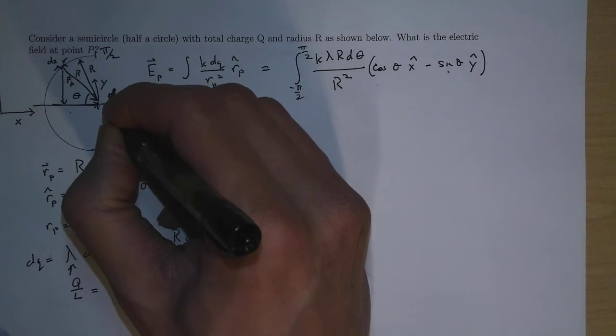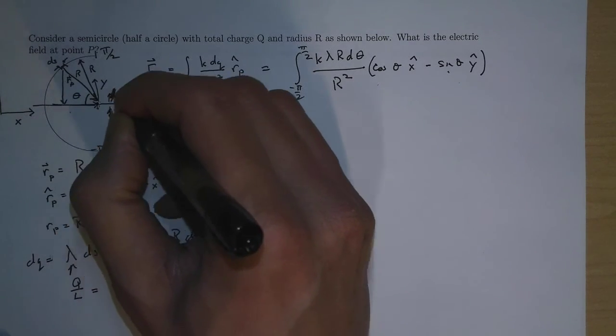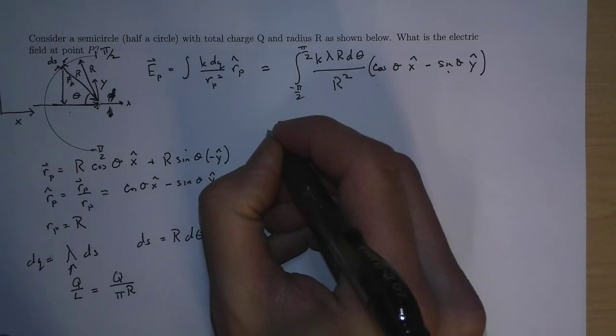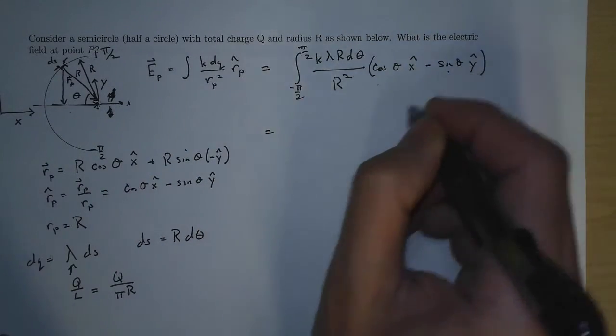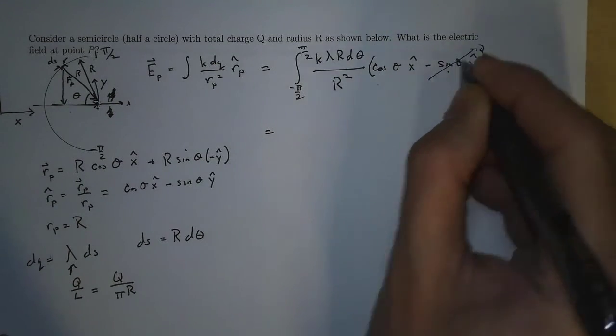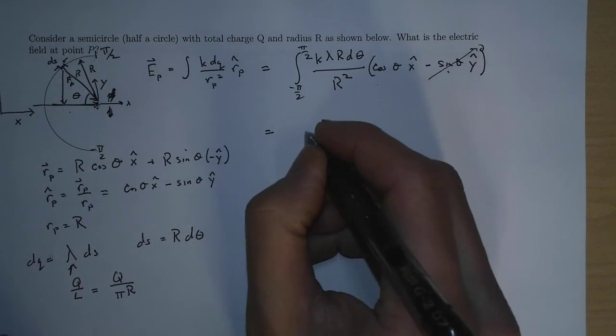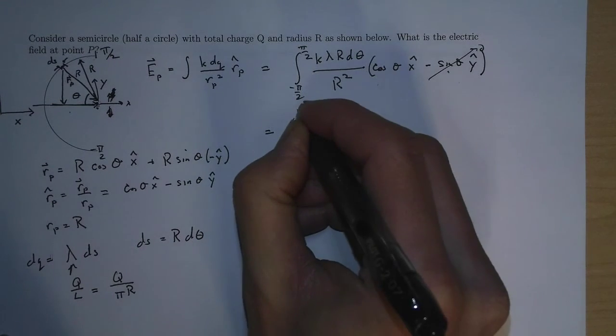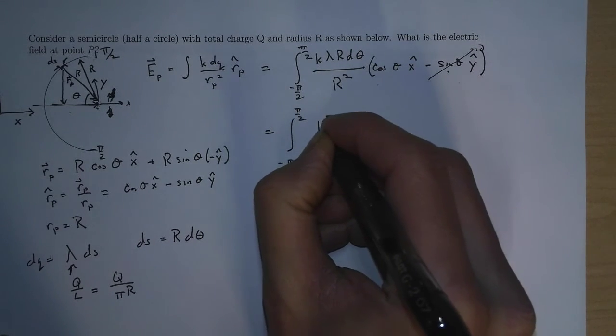So what happens? The only way that's true is if there's no E field in the y direction. So what we have left is that this goes to 0, and we have just this term left.